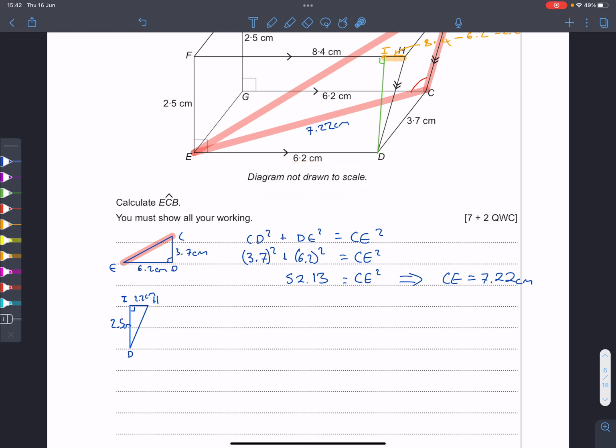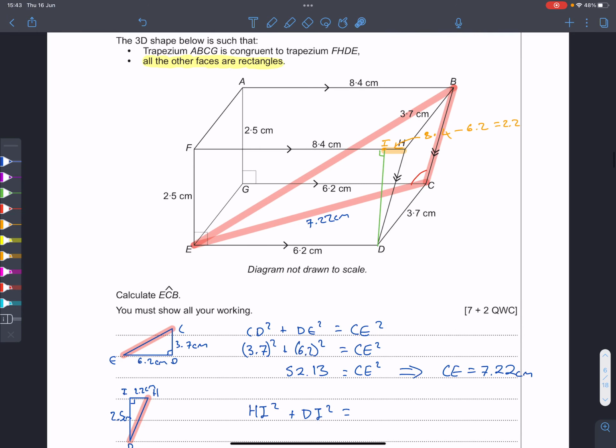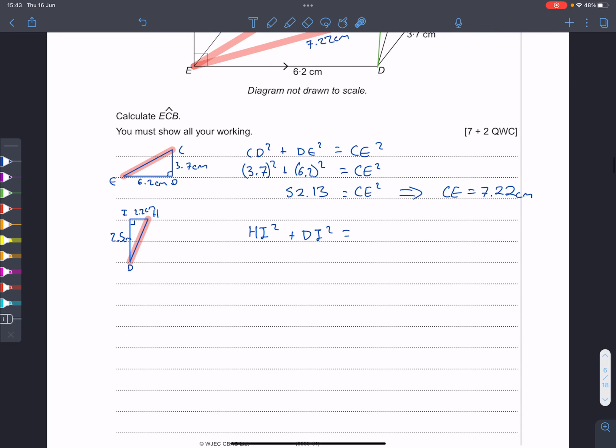So I can use Pythagoras again to say that HI all squared, so the smaller side there, plus DI all squared will equal this length that I'm looking for, and that length is another one of my red lengths here, HD. It's this length here at the front, but you can see that that matches with the BC at the back because of the congruence. So that is HD or DH all squared.